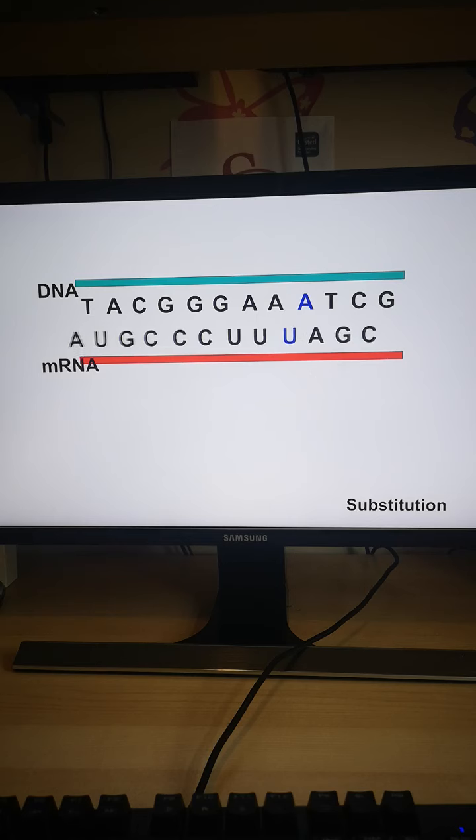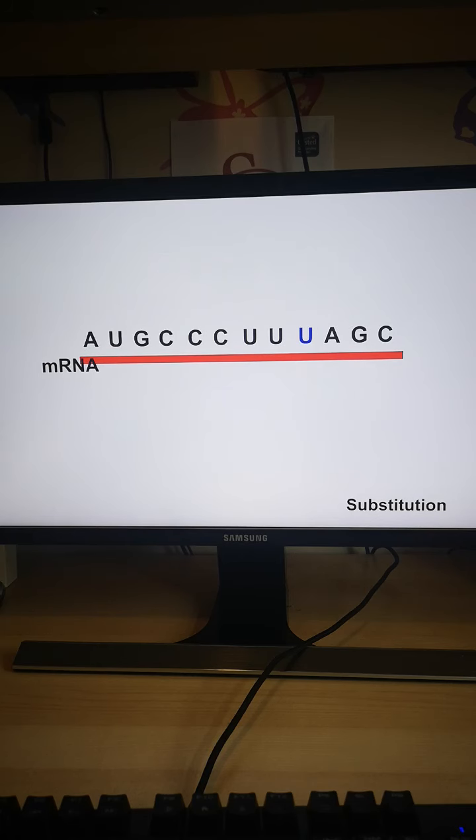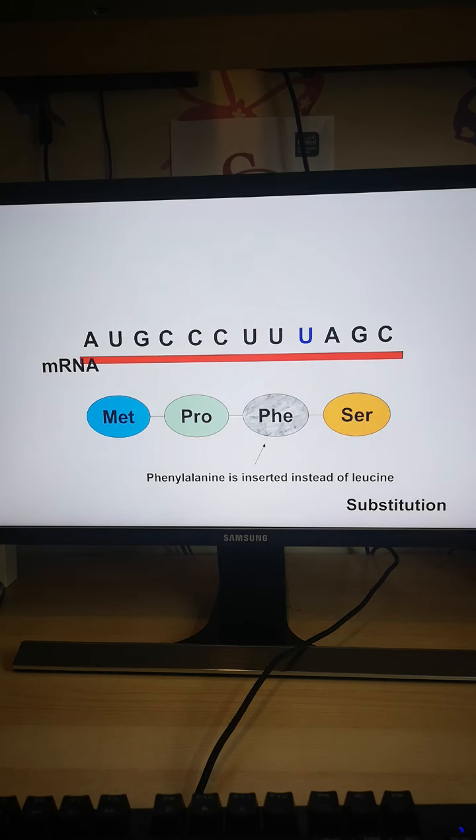So this is an example then of a substitution mutation that could affect the function of this protein that this gene codes for. Now I say could because it's only changed one amino acid.